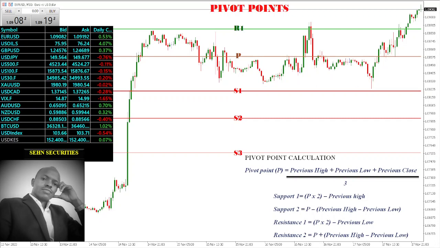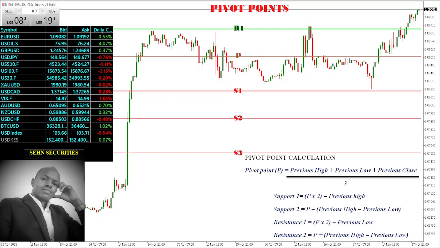It's worth noting that the pivot point is considered as one of the most accurate indicators in the market, and as such, the majority of traders in forex markets usually use pivot points to map their entries, their exits, and their stop loss and take profit levels.